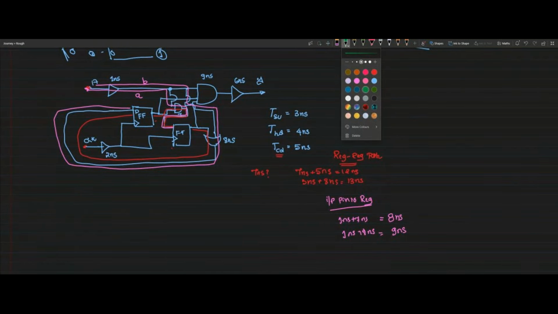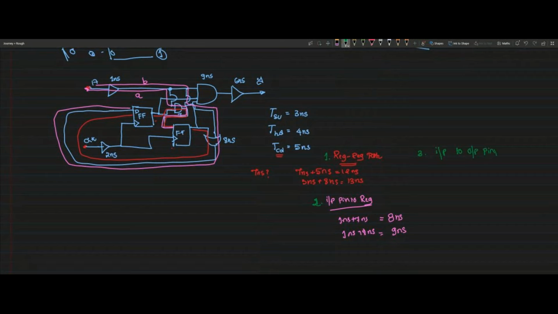So here you are learning what are the different types of paths available for timing analysis. This is the second type of path. The third type of path is input pin to output pin path, a direct path without any registers. Without any sequential register, input to output, a straight combinational path. Any such paths?